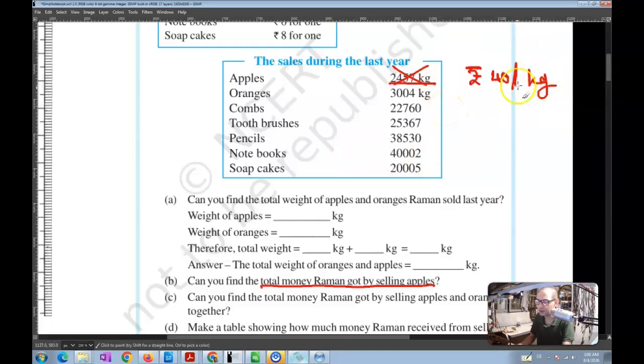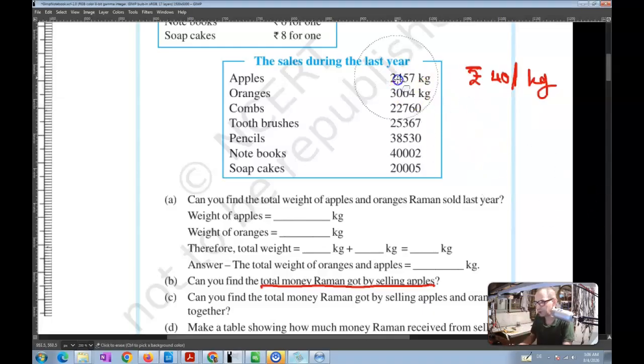If for 1 kilogram you pay 40 rupees, for 2 kilograms you will pay twice 40 rupees, for 3 kilograms you will pay 3 times 40 rupees, and so on. So if the unit price is 40 rupees per kilogram, then selling 3 kilograms is going to be 3 times 40, which is 120.